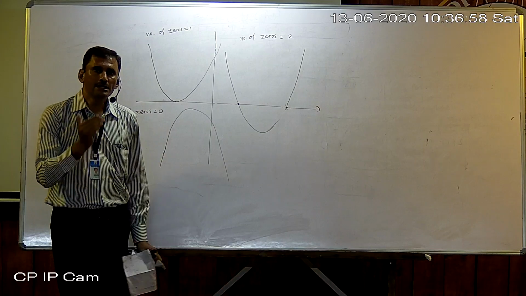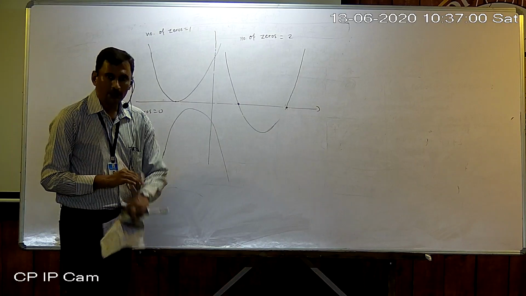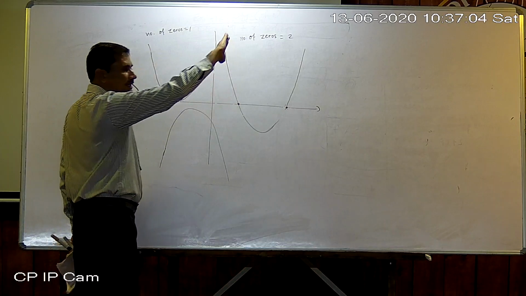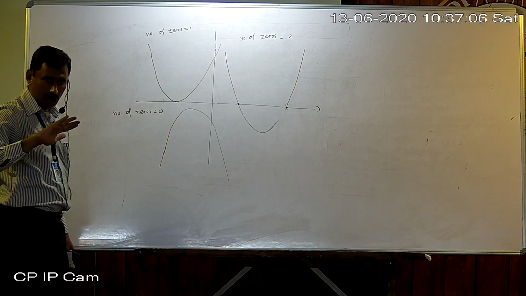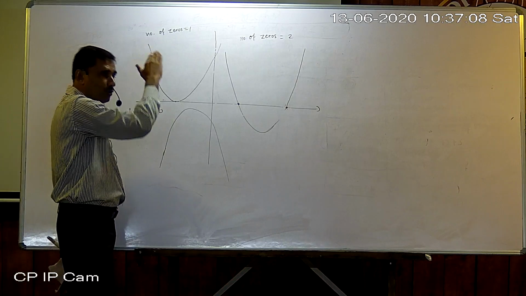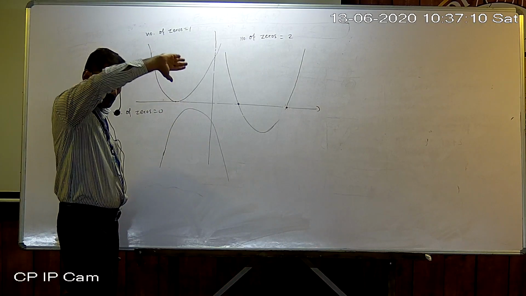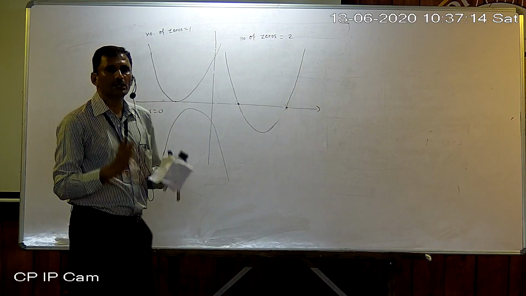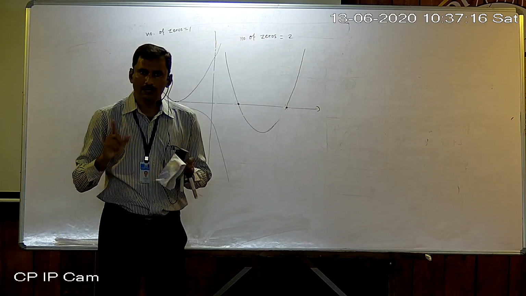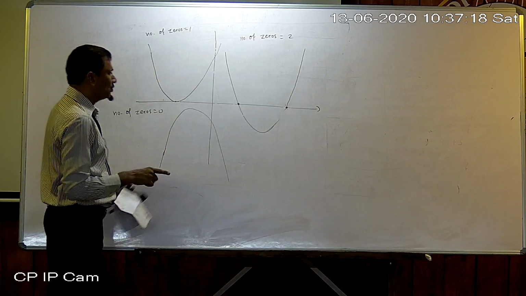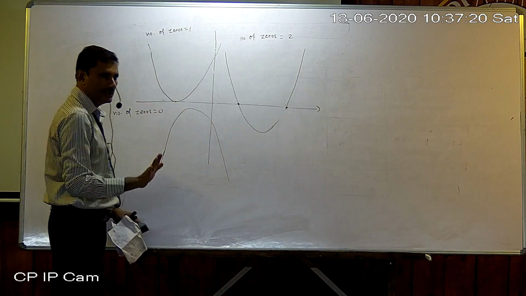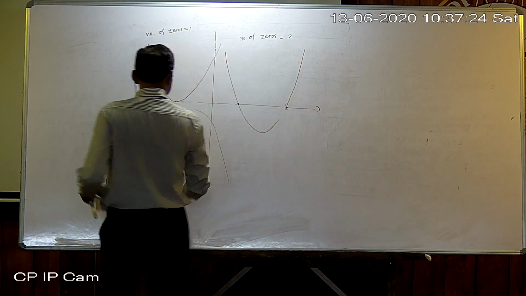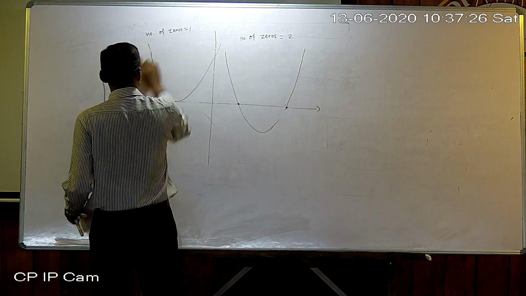Suppose it is the graph of a cubic polynomial, then it might be like this in reverse and like this in a zigzag form. It comes upward, goes downward, then again comes upward. Anyway, these types of graphs you can also obtain. Every time you have to look at the intersection points only. So now I give you a few more examples.